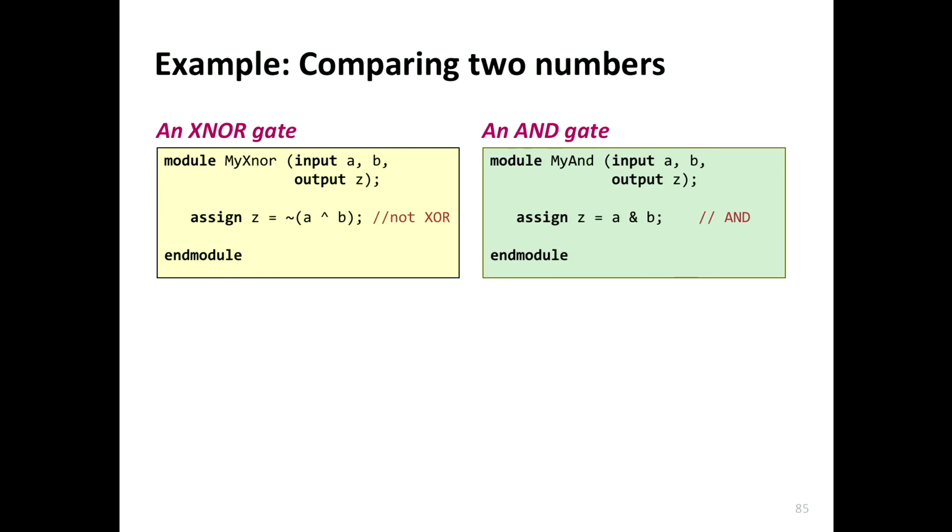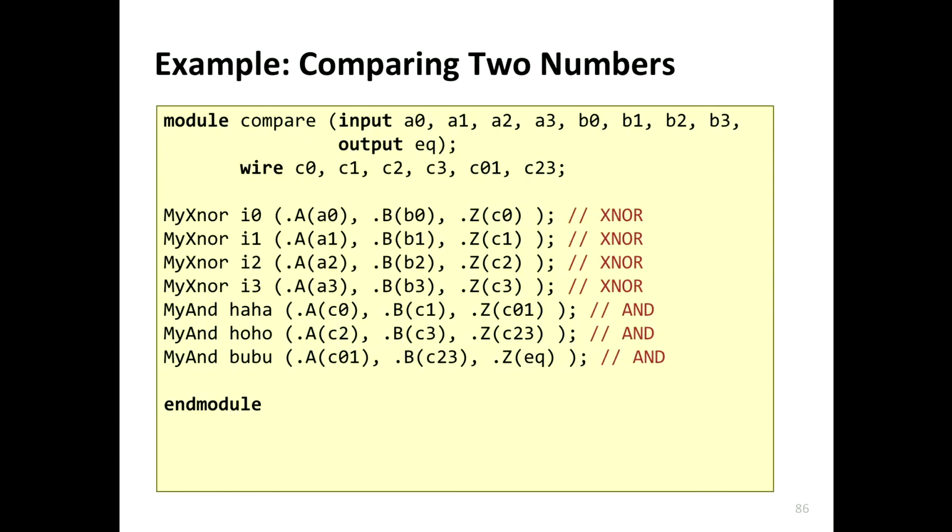Great. So when we compare two numbers, we need to determine equality. What this basically means is that we are going to XNOR A and B, and if they are equal, then you have a 1, and if they are not equal, you have a 0.